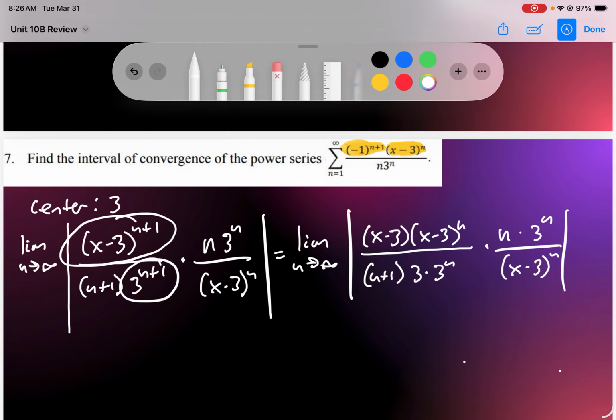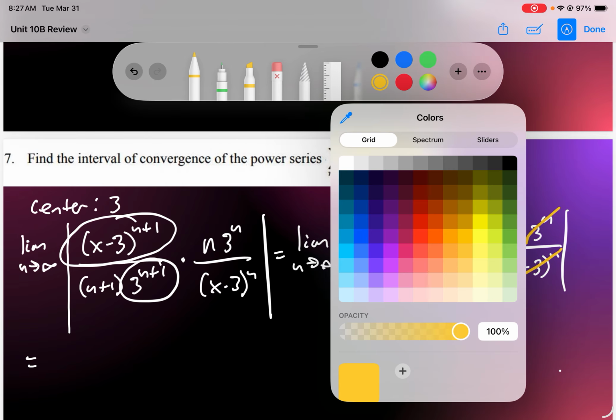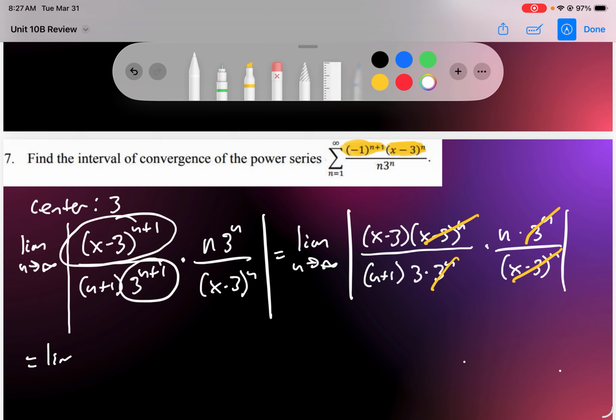So at infinity, basically these factors just cancel each other out. So this cancels, that cancels, and I'm left with the limit as n goes to infinity of x minus 3 to the n over 3 times n plus 1.